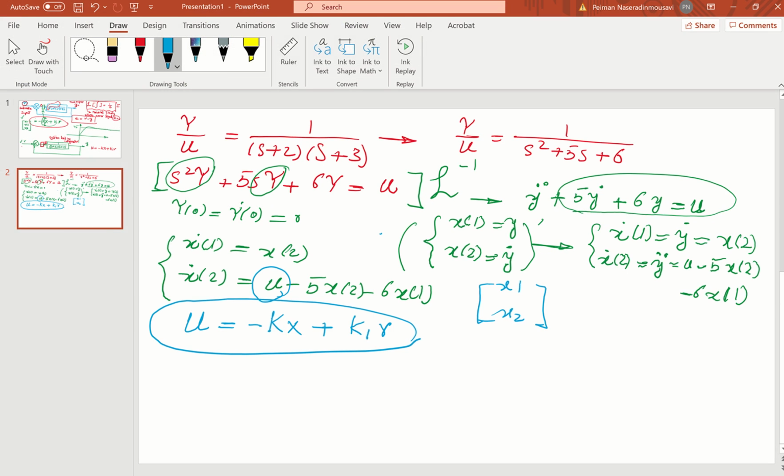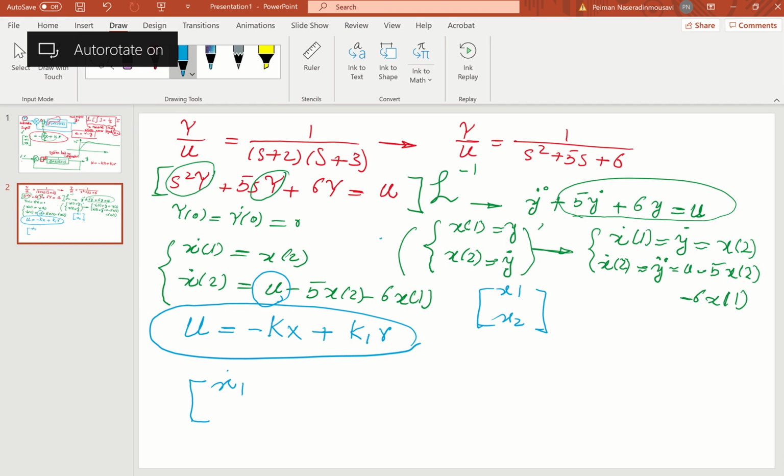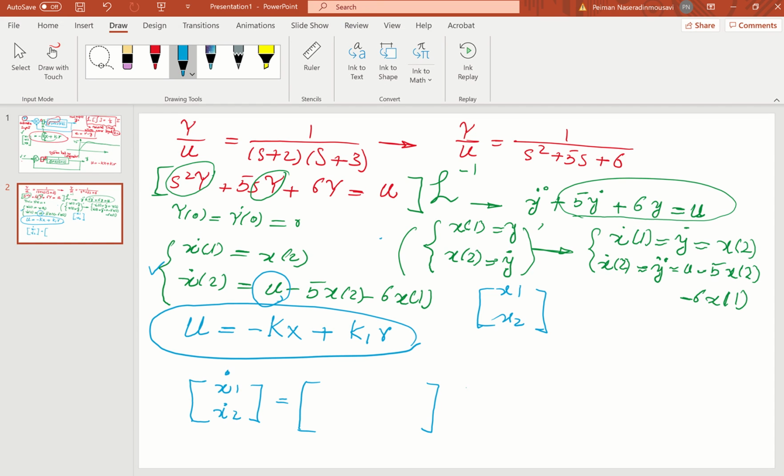So if you write the state space, it's going to be like this: x dot 1, x dot 2, based on from here, it's going to be x1, x2.